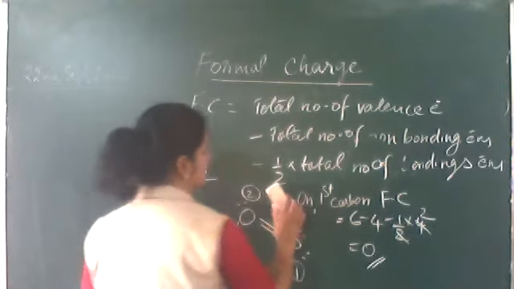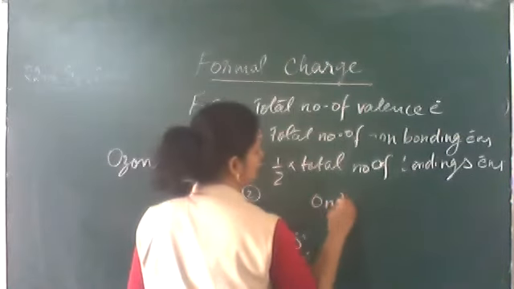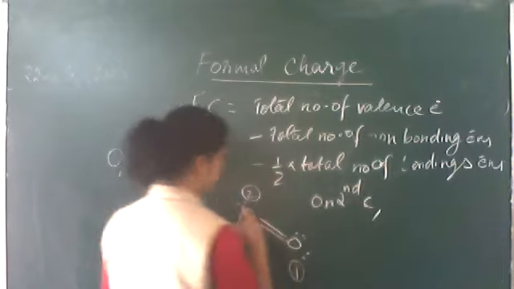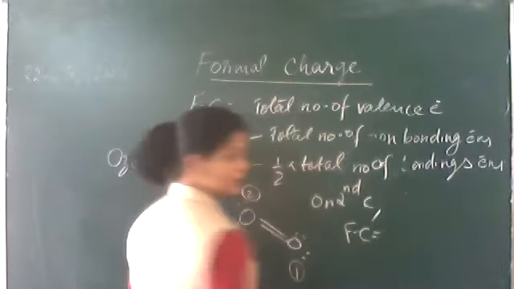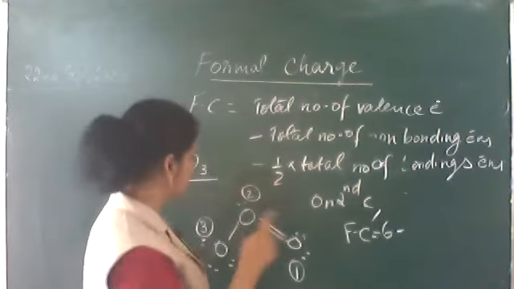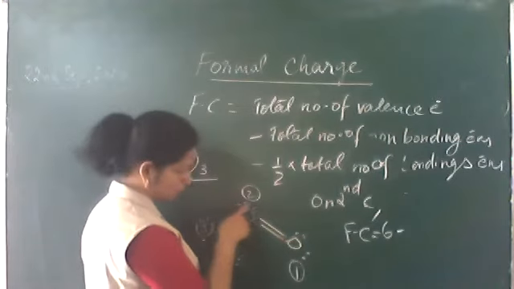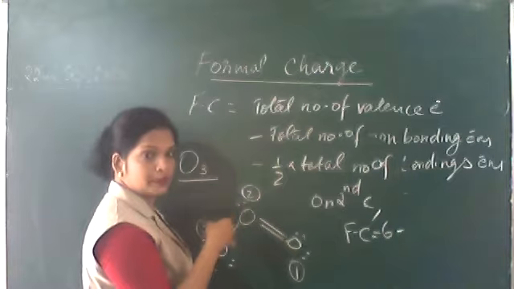Now I am going to calculate on the second oxygen. Formal charge is equal to total number of valence electrons, that is 6, minus total number of non-bonding electrons. See, 2 non-bonding, that is not participating in the bond.